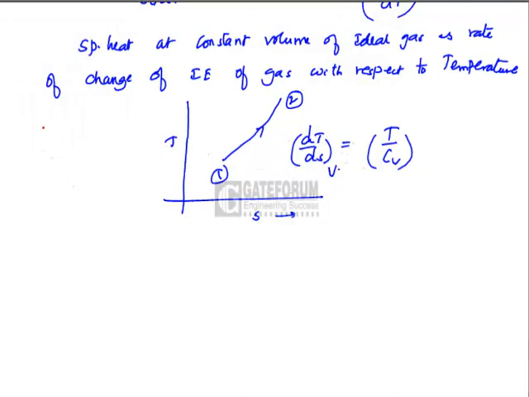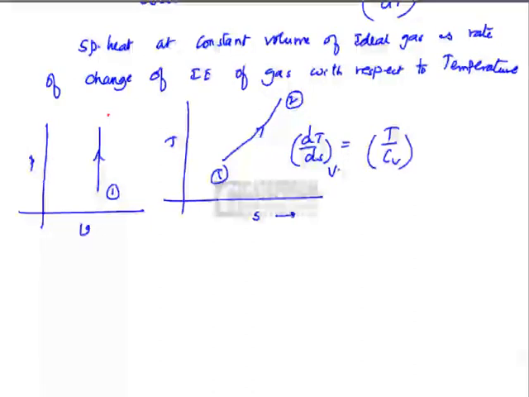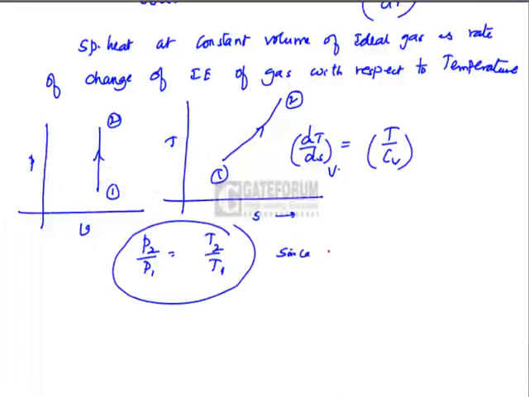The process is indicated on a PV diagram as vertical line, where the Charles law could be applied as P2 by P1 is equal to T2 by T1, since volume being constant.